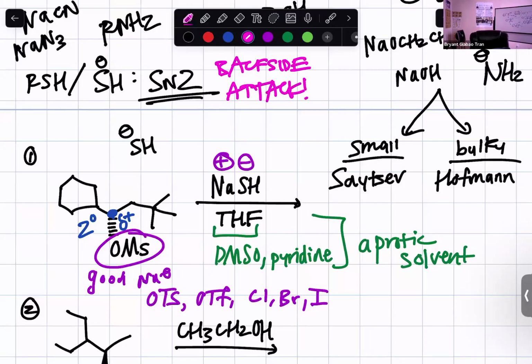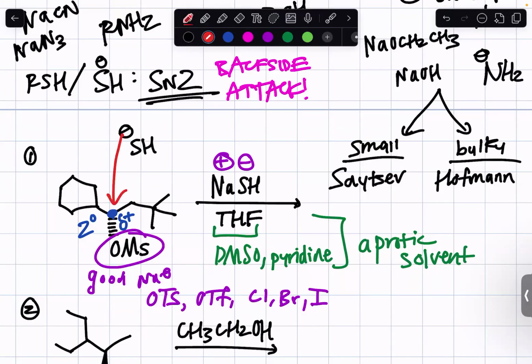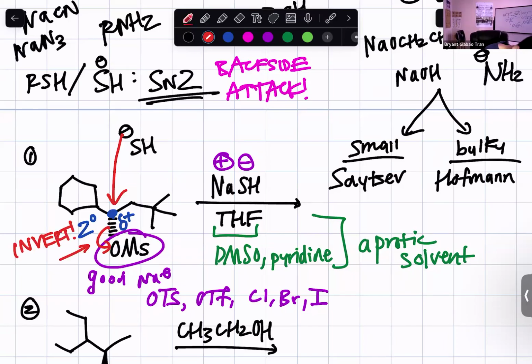Then we also have to keep in mind that if we're doing an SN2 attack, it changes the stereochemistry from a dash to a wedge.